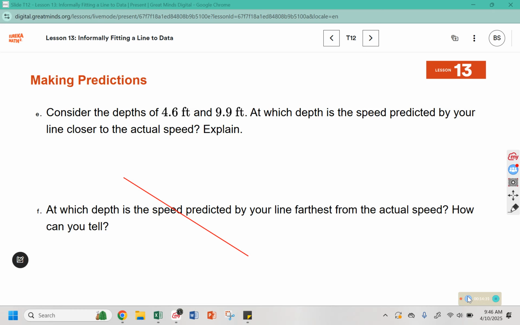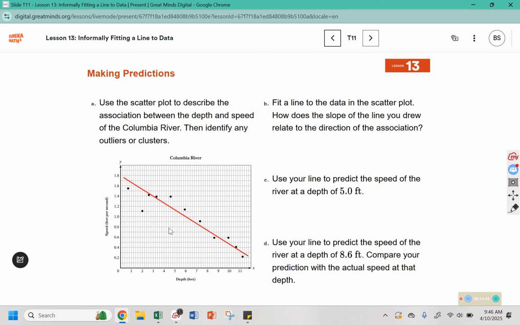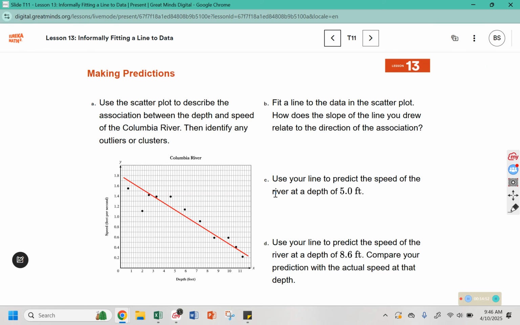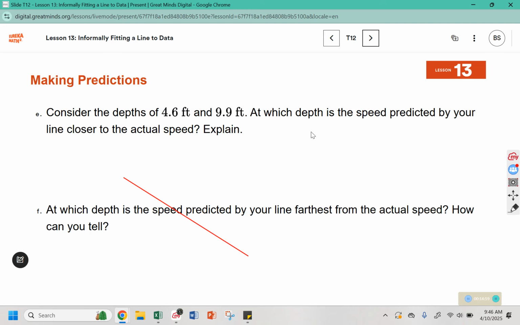Consider the depths 4.6 feet and 9.9 feet. At which depth is the speed predicted by your line closer to the actual speed? Explain. So here at 4.6, you can see that my dot at 4.6 is quite a ways from my line. And then at 9.9, right around here, that dot is closer to my line. So at which depth is the speed you predicted by your line closer to the actual speed?